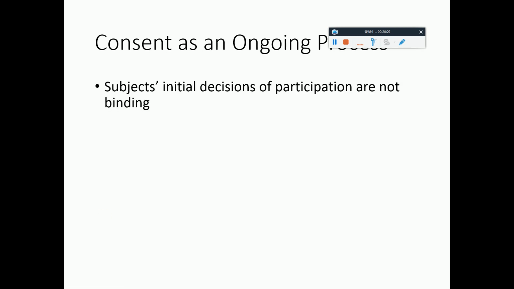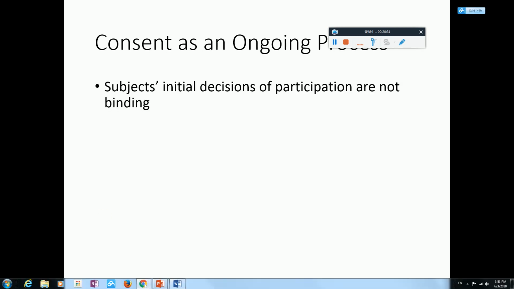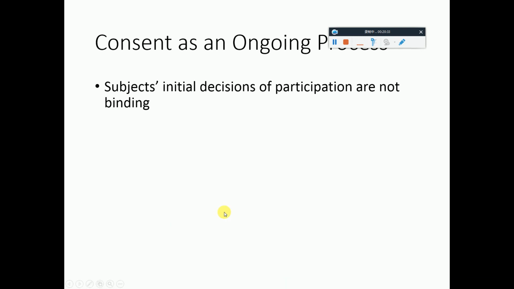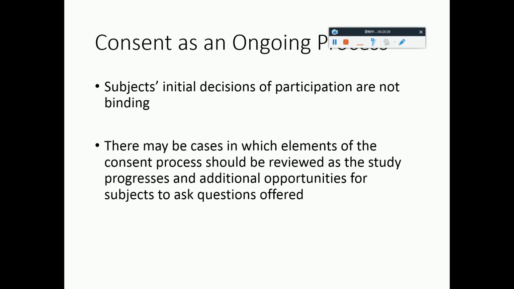Lastly, informed consent is always an ongoing process. That is, subjects' initial decision of participation is not binding. We said this before. Participants should have the right to terminate research at any point without any penalty or loss of benefits.